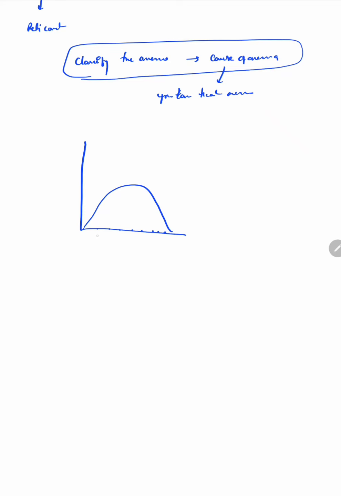For example, if this point represents a size of 60 femtoliters, this one 90 femtoliters, and this one 100 femtoliters, then the number of RBCs with each size is plotted, roughly some 100 RBCs with 90 femtoliters, some 120 with 100 femtoliters, like that.